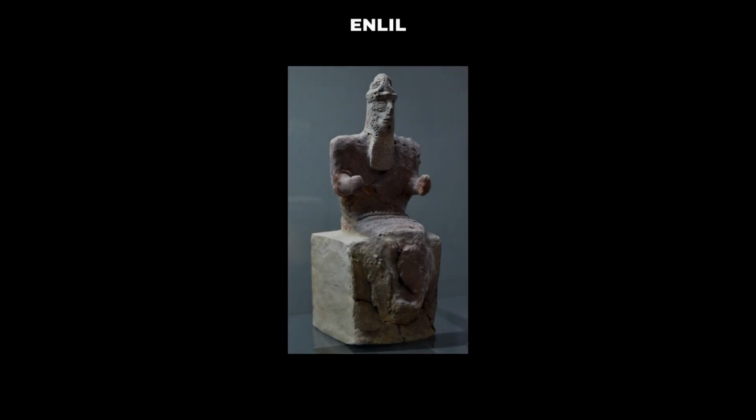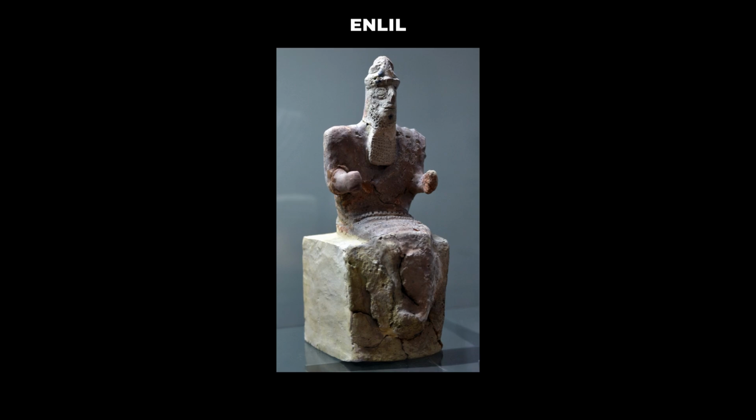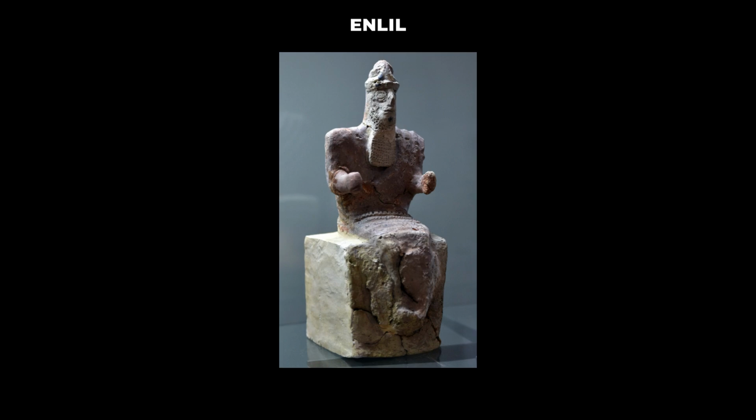A similar story is also found in the ancient Sumerian legend involving Enlil, who was first attested as the chief deity of the Sumerian pantheon, but he was later worshipped by the Akkadians, Babylonians, and the Assyrians.